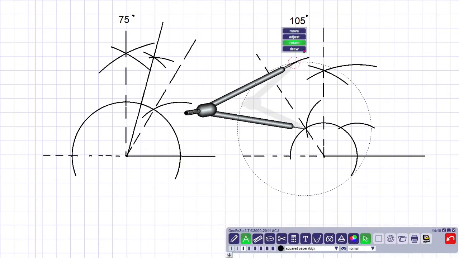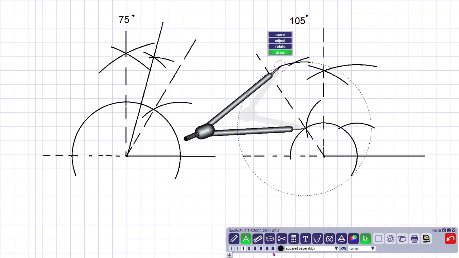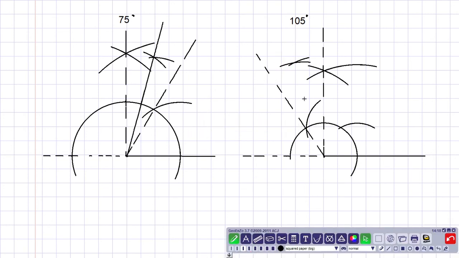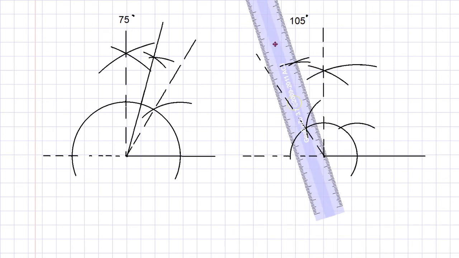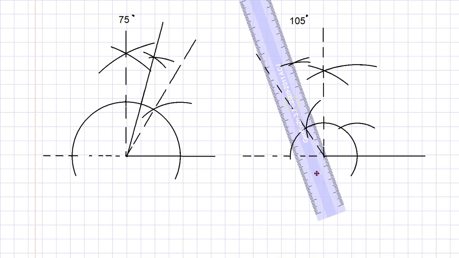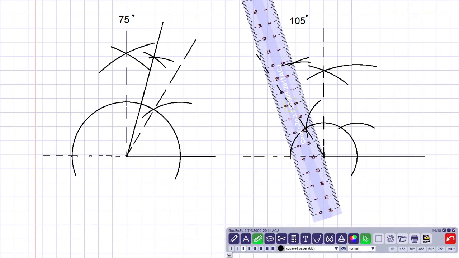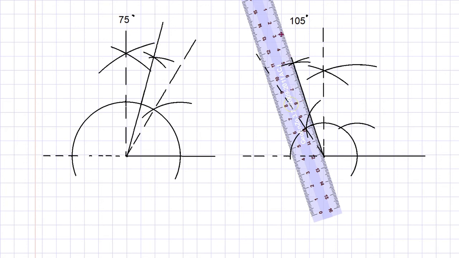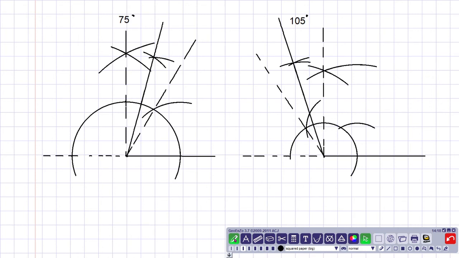Now cross the previous arc. Now you have to join this point and this point. Then you will get 105 degrees angle. This is 105 degrees.